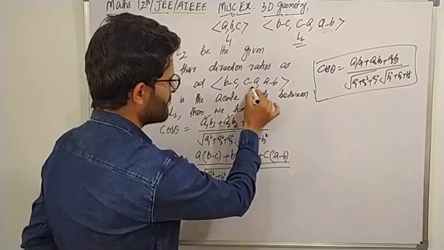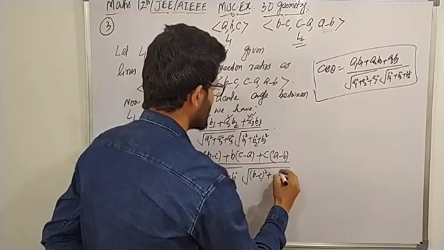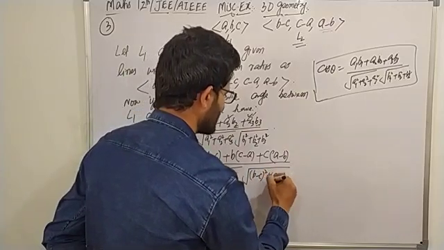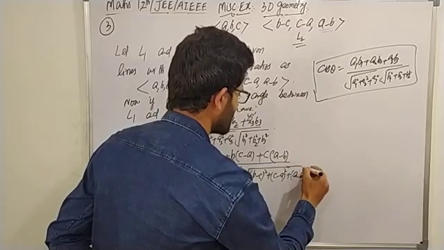So instead of B1 B2 B3 we have B minus C square plus C minus A square plus A minus B whole square.